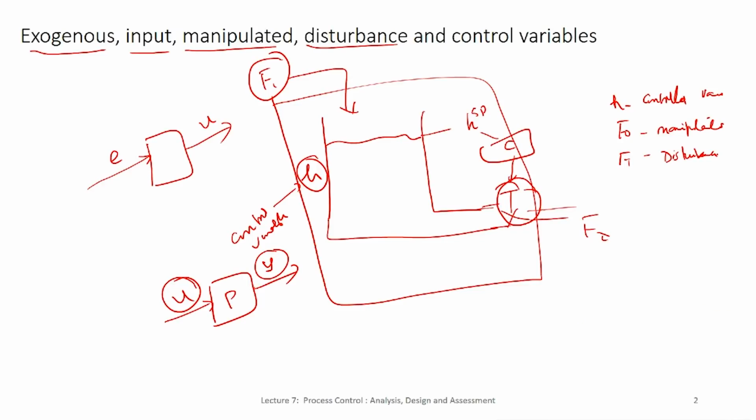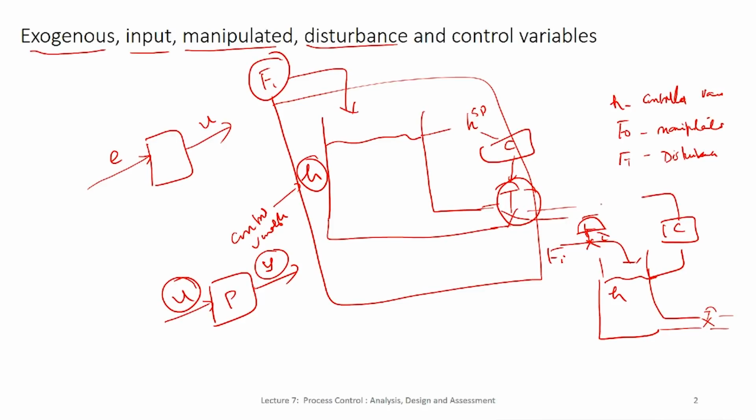Now, if I take the same tank and I could still put this control valve here, but I am going to show you something slightly different. Let us say I have this height of the liquid in the tank and I have Fi. Now, for example, if I were to put in a control valve here and then use this measurement, compare it with the set point and then use a controller to go and manipulate this valve.